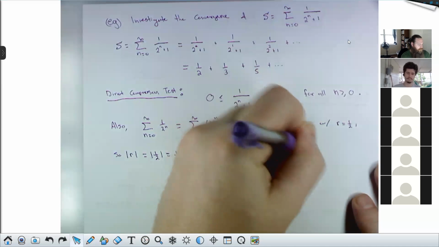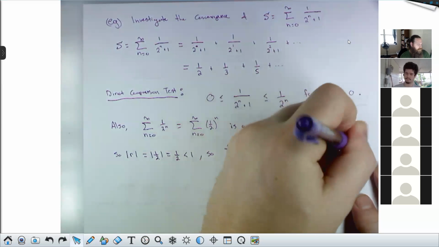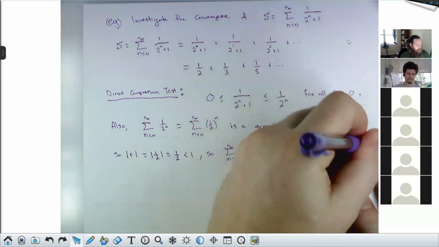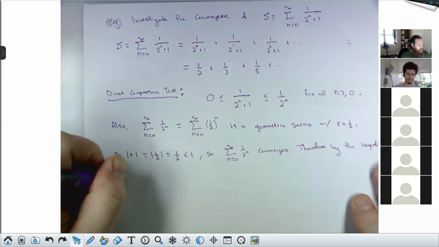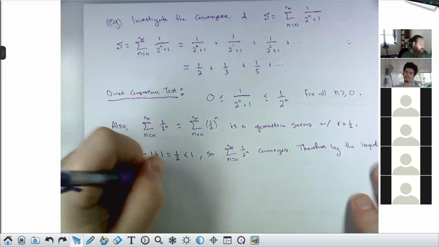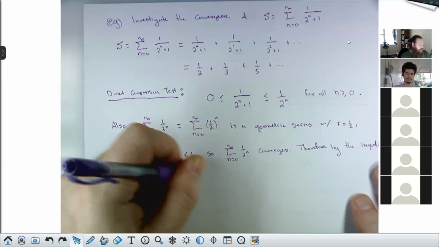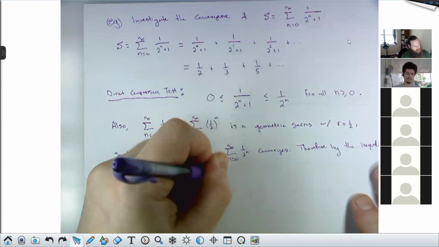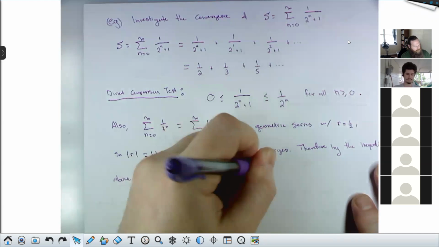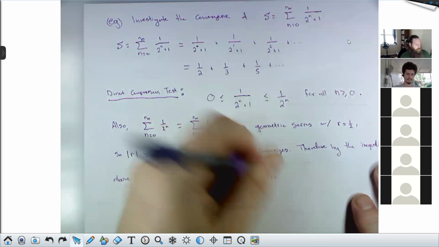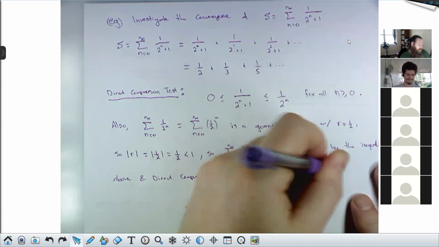So we'll say, therefore, by the inequality above and the direct comparison test, the sum from n equals 0 to infinity of 1 over 2 to the n plus 1 converges also.